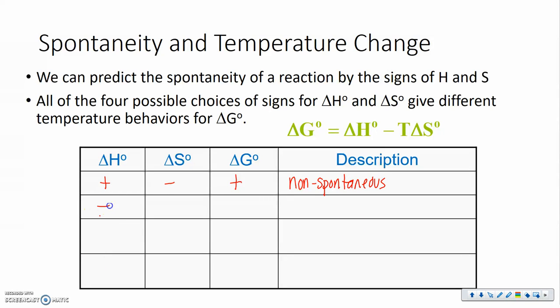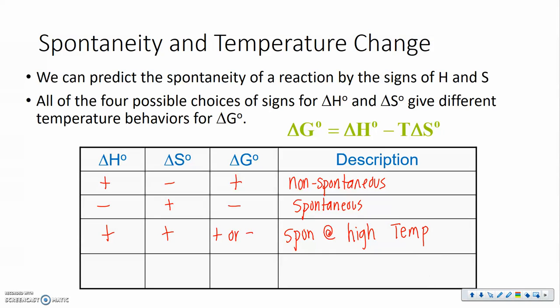If we reverse that, negative enthalpy, positive entropy, Gibbs free energy will always be negative. These will always be spontaneous. If they are both positive, then that will depend on what the temperature is. It can be positive or negative depending on if you have a high or low temperature. These will be spontaneous at high temperatures.